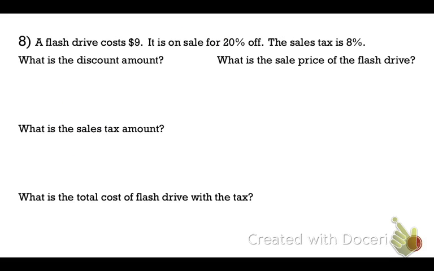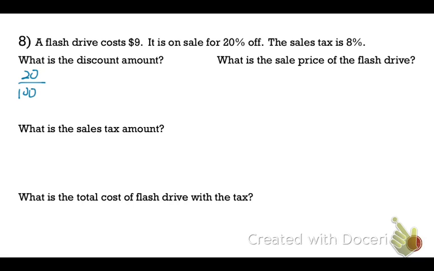Percentages occur all the time with sales, buying things. A flash drive costs $9. It's on sale for 20% off, and the sales tax is 8%. So what's the discount amount? So we want to know what 20% of $9 is. So one way to do that is our percent proportion.